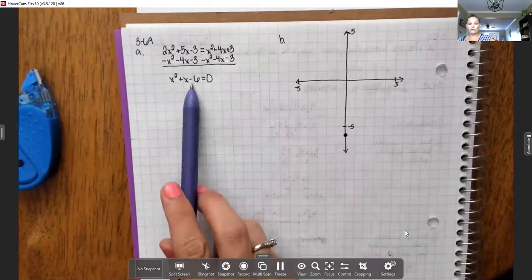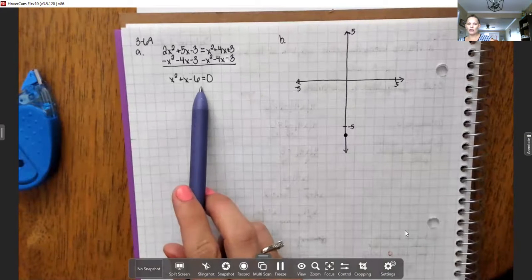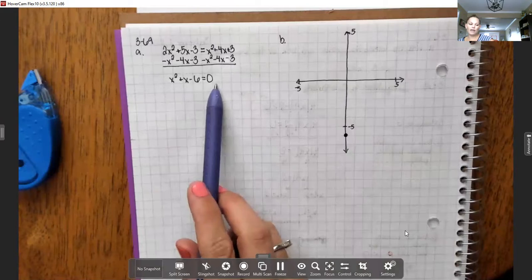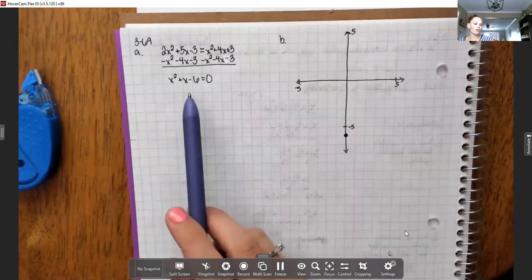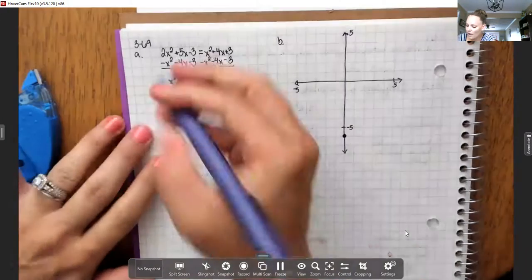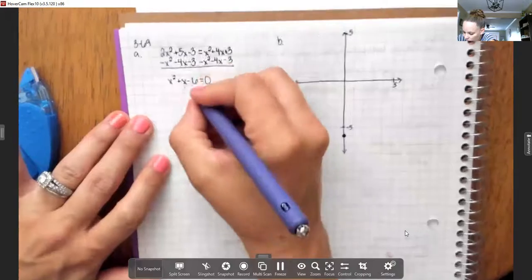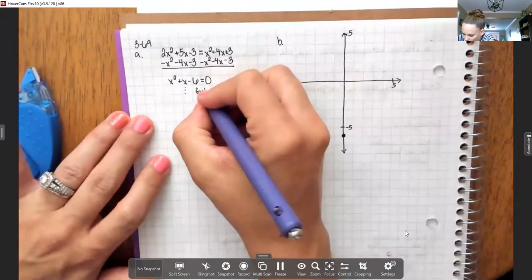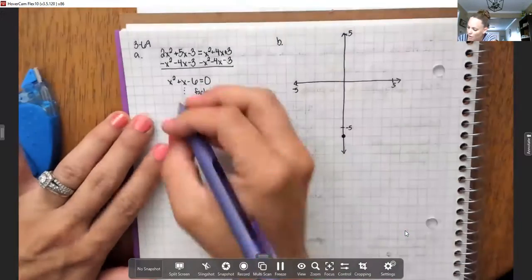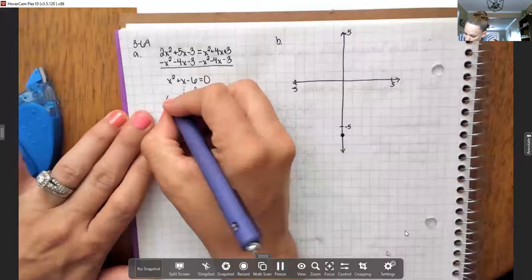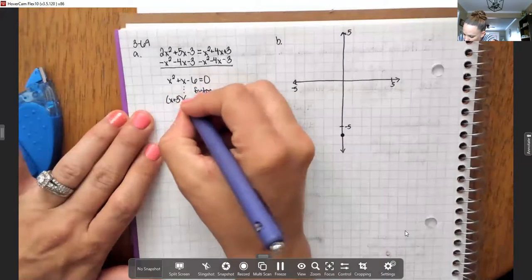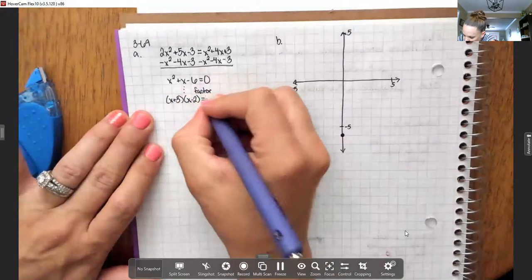So if we wanted to sketch this, we would have to either find the vertex or find the x-intercepts. We'd have to go some route. So if I factor this, so I'm just going to write that I factored, I would get x plus 3 times x minus 2 equals 0.